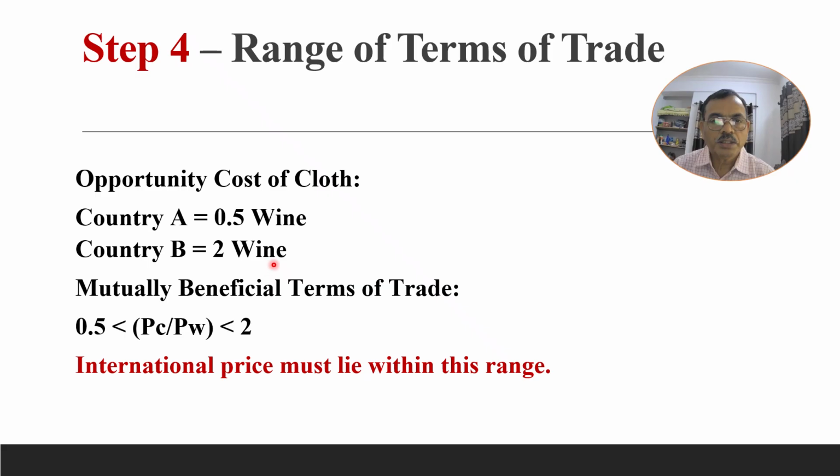Therefore, the international price of cloth must satisfy this condition. That is, the price ratio, the price of cloth divided by the price of wine, PC by PW, lies between 0.5 and 2. And this is the mutually beneficial terms of trade.